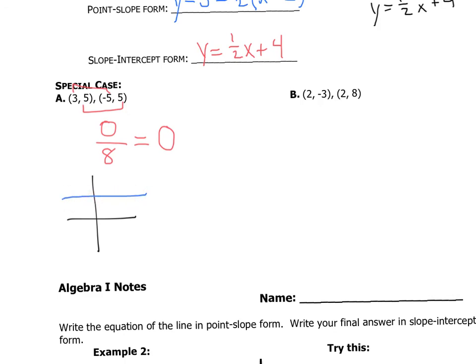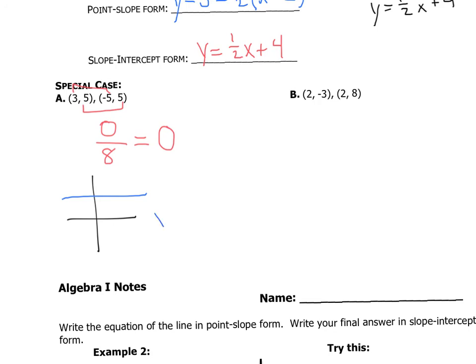Do they cross the y-axis or do they cross the x-axis? Well, if you notice here, this is your y, this is your x. It only crosses the y-axis. So a line that has 0 slope is going to be horizontal, and it's going to be like this. It's only going to cross the y-axis, making it a y line.